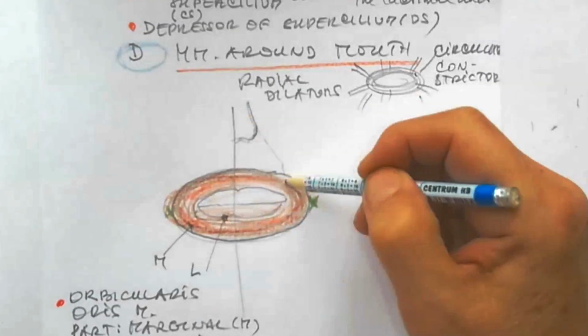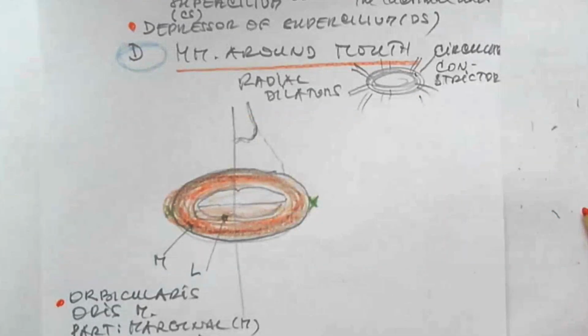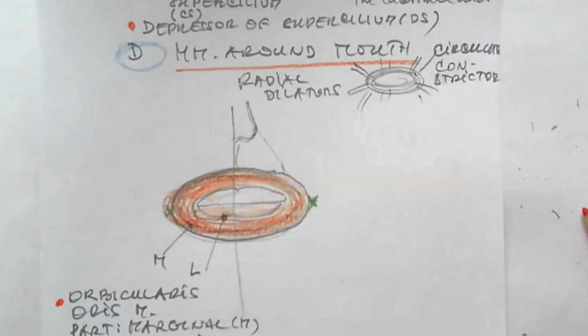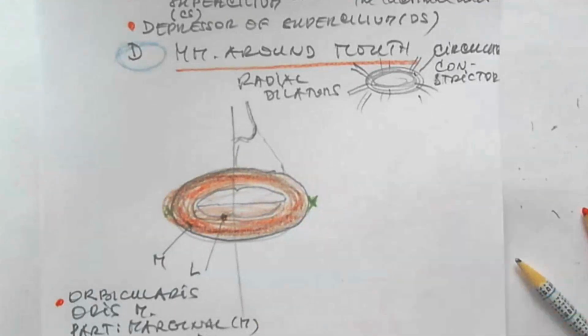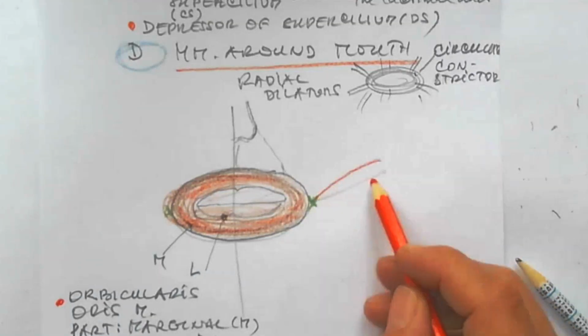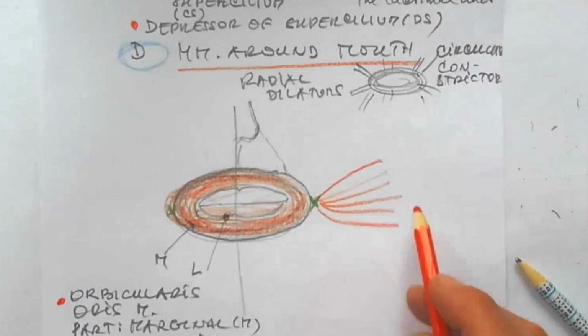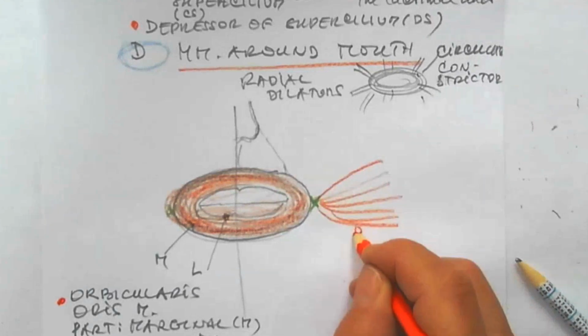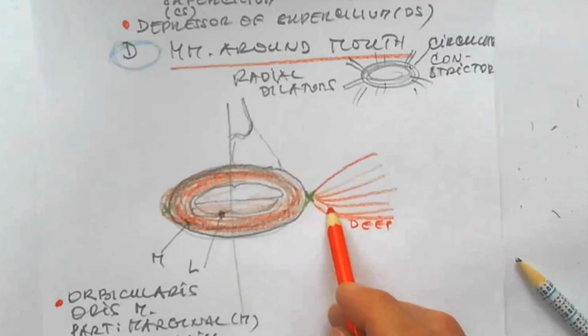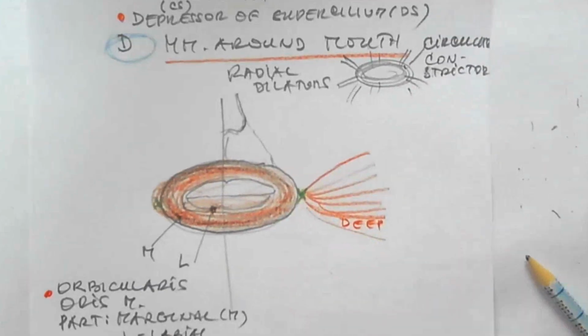We see there is the philtrum, and then the nasolabial sulcus. But maybe we can start with one muscle which is different, the muscle which is deeper. This is the buccinator.